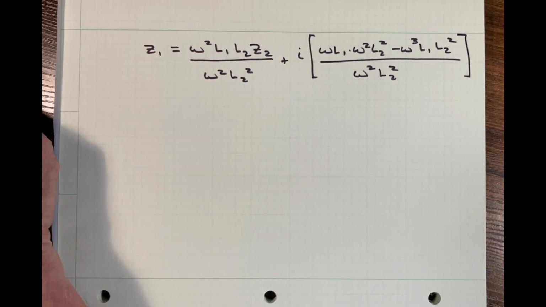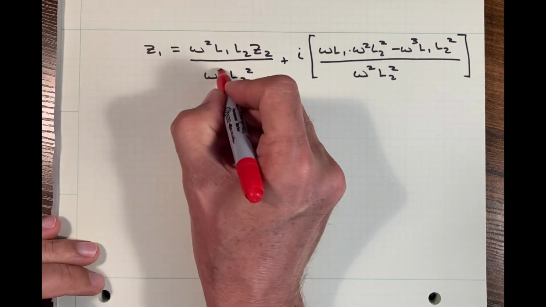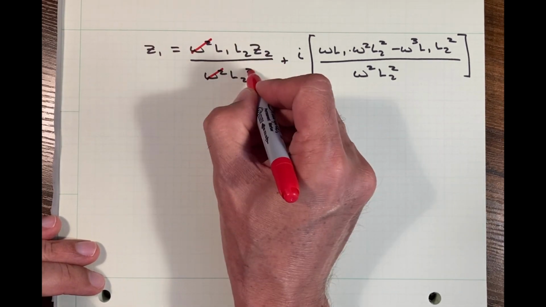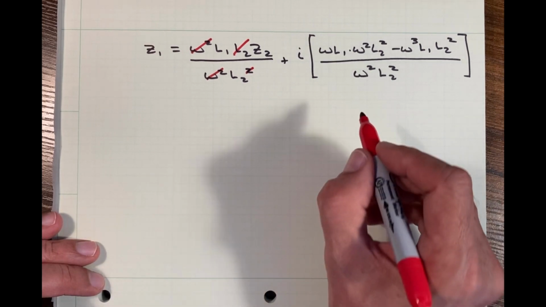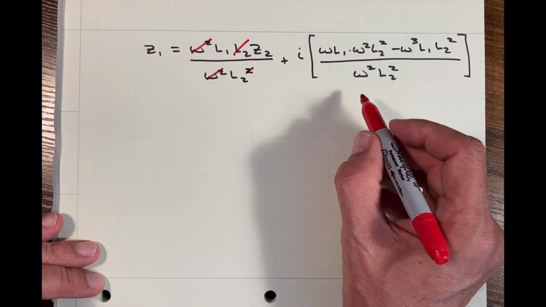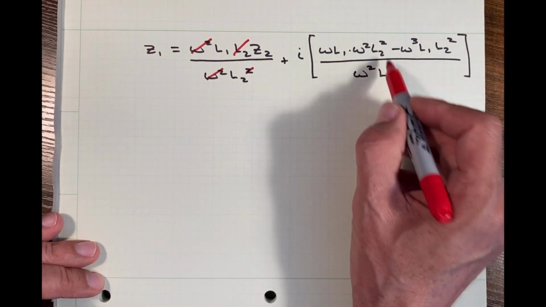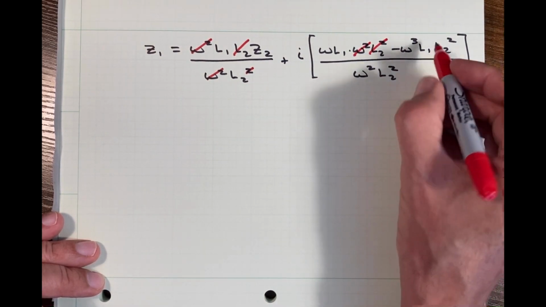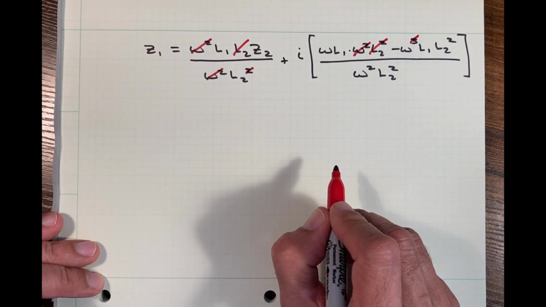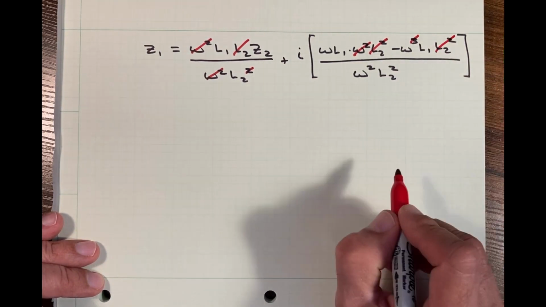Now we can do some cancellations. This guy right here cancels here. One of these fellows cancels him, so that becomes simpler. And then over here we can say that these two omega squared L2 squared cancel, so that one goes, that one goes. And over here we cancel 2 out of 3 there, and we cancel this term right here.